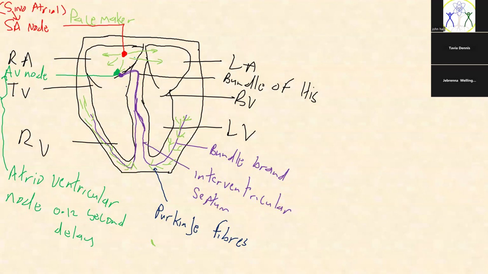The signal that was generated by the AV node that runs down the bundle of His, that runs into the bundle branches, can only affect the ventricle muscle when they reach the Purkinje fibers. The first time you get a Purkinje fiber is down here near the apex of the heart. And then from there, they sweep up into the muscle.